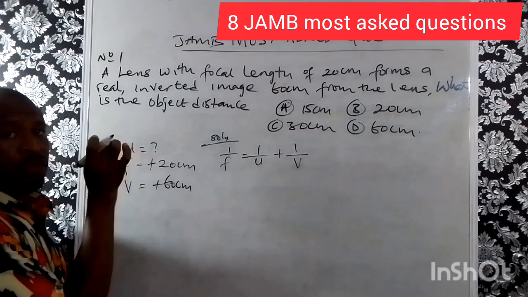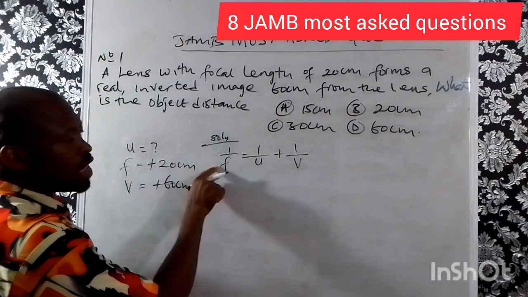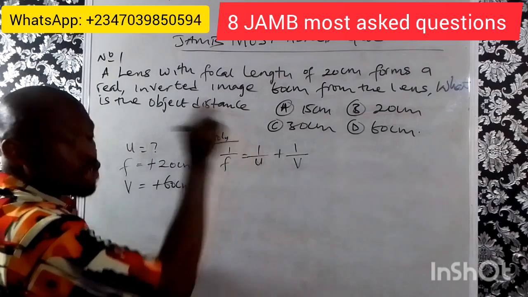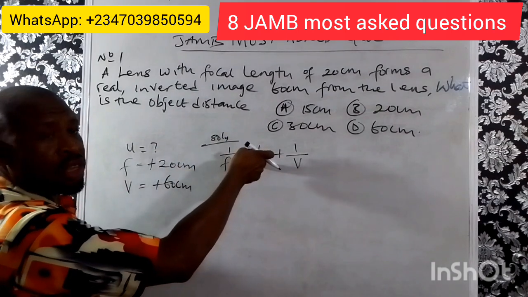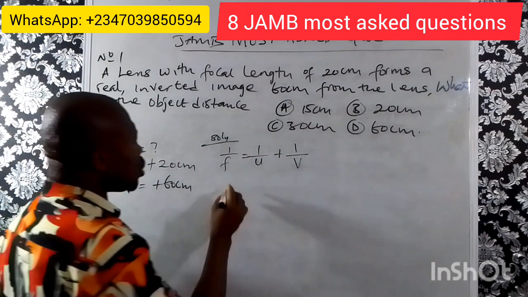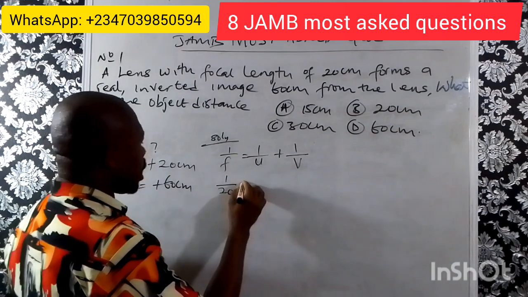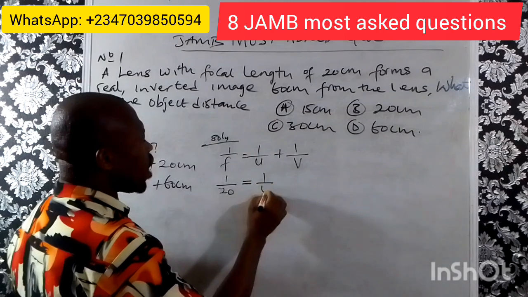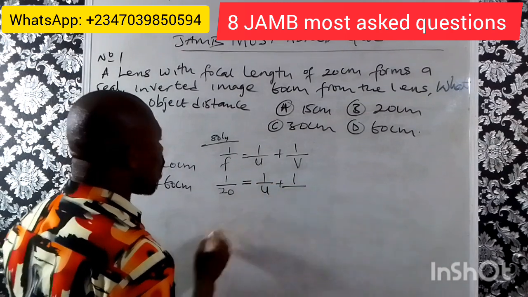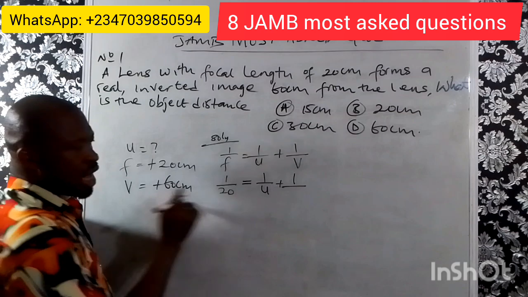This is the conventional formula. Now this one is positive, this one is positive, therefore this formula holds. Substitute into this: 1 over 20 is equal to 1 over u plus 1 over v, v is 60.